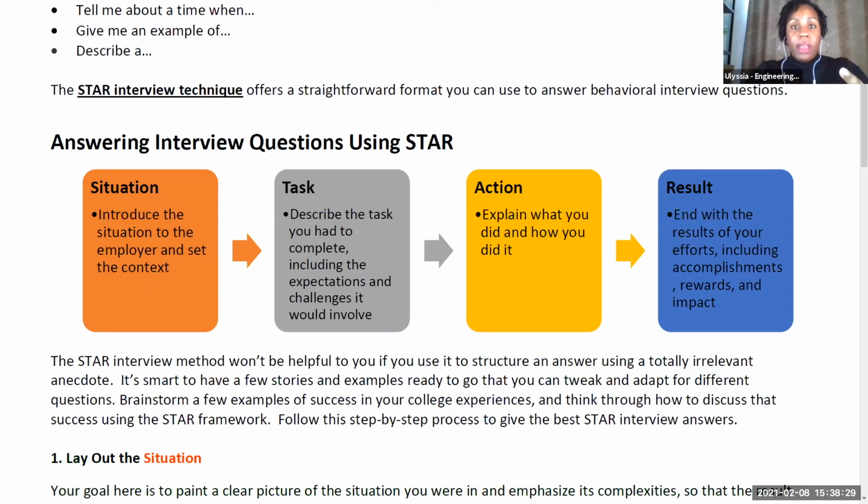And then the third question, what was your biggest challenge in that situation and how did you overcome it? Okay. If you can think through those, you should start remembering examples. And from there, just write out each example in advance using the STAR method.